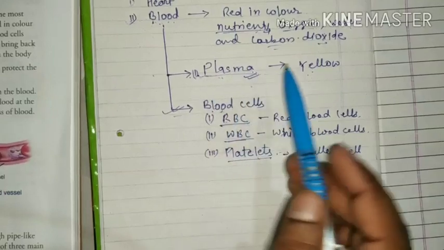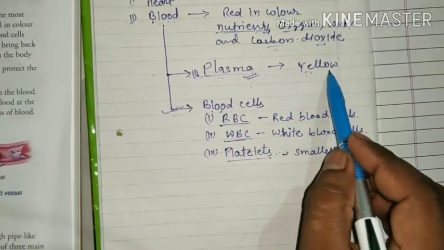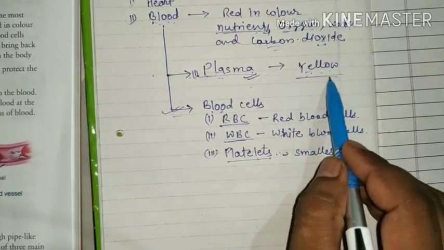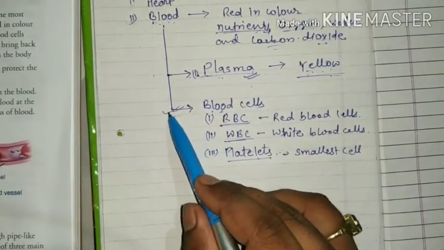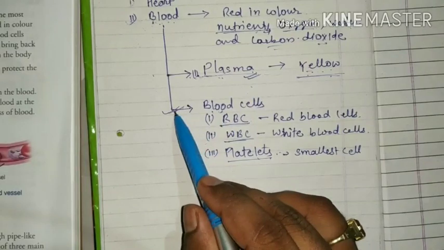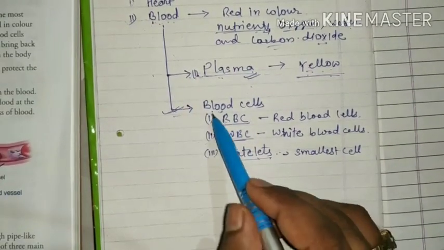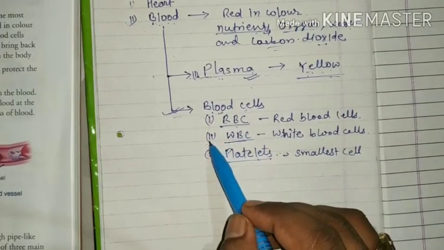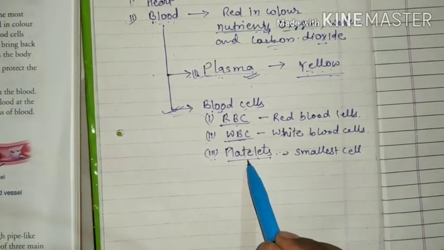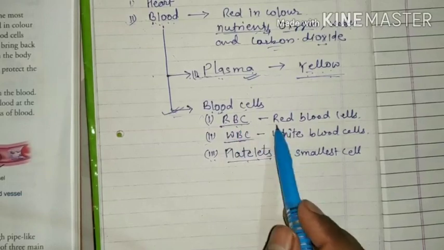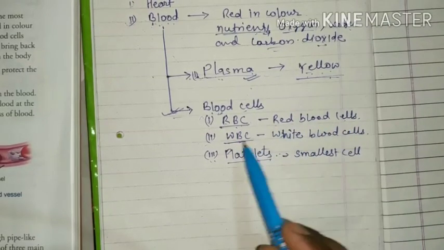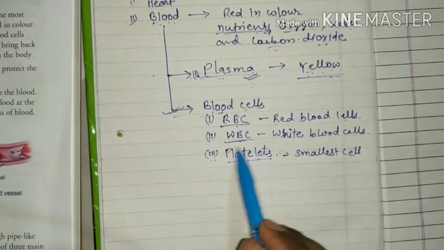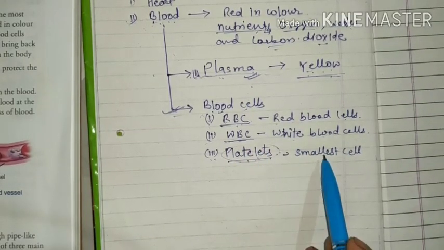Plasma, whose color is yellow, makes up the largest part of blood. Blood cells are the second part of blood, and blood cells are of three types. First RBC, second WBC, and third platelets. RBC means red blood cells, and WBC means white blood cells. Platelets are the smallest cells in our blood.